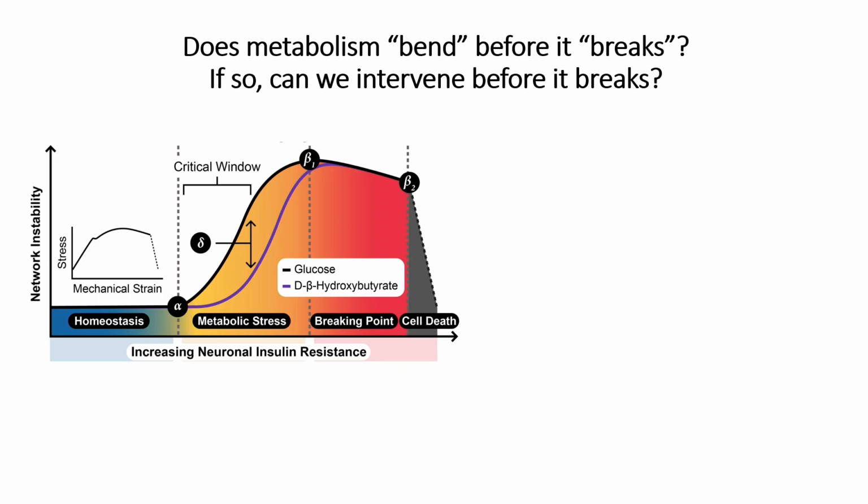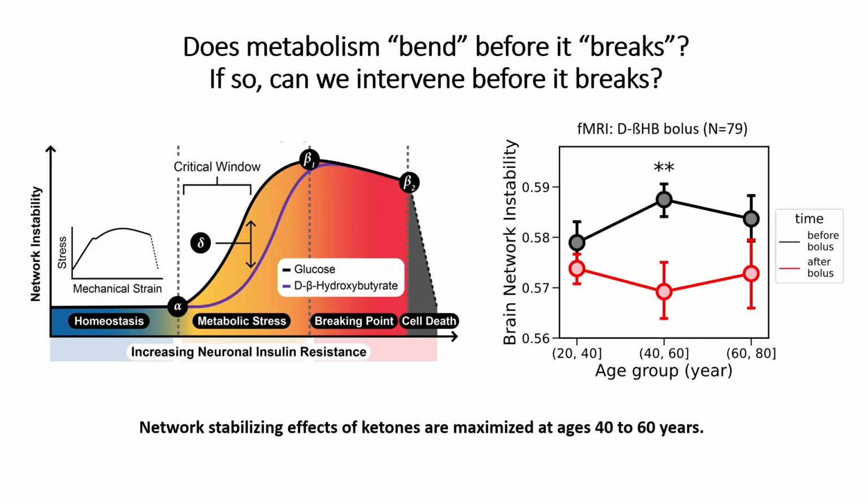So strikingly, if we go back to our results with the age trends, it is pretty much what we saw with our intervention. As you can see, with the age groups on the x-axis, if we start with the younger age group, we barely saw any stabilizing effects, which is consistent with the homeostatic state. But as we progress across age, we noticed the maximum extent of the stabilizing effects.